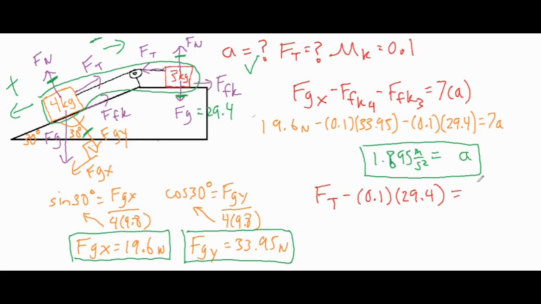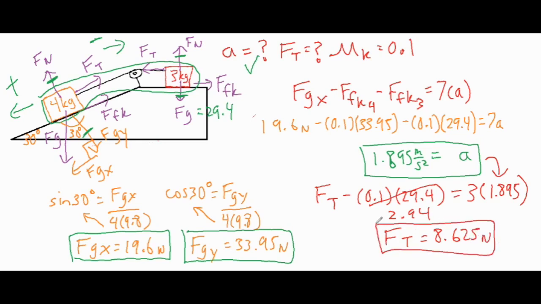And that equals the 3 kilogram mass times this acceleration right here, 1.895. So that one came in handy. And then this is just going to be 2.94. Go ahead and add that to both sides. And then we get our Ft of 8.625 newtons.